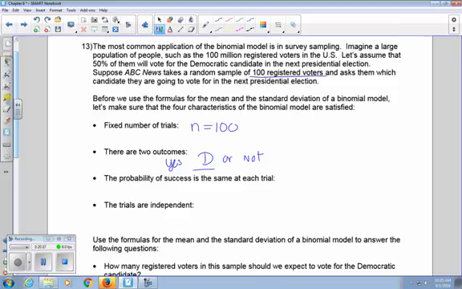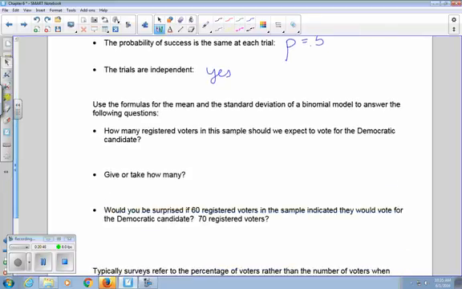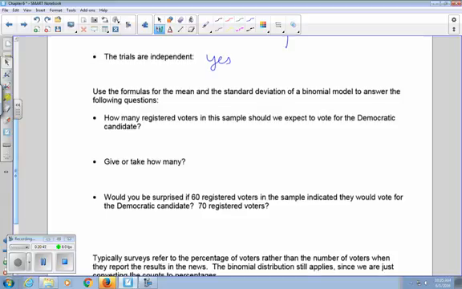The probability of success is the same in each trial. We think that 50% of them will vote Democratic, which means the probability of success is equal to 0.5. And finally, the trials are independent. Yes, we can assume that each person is making their own decision in the sample.